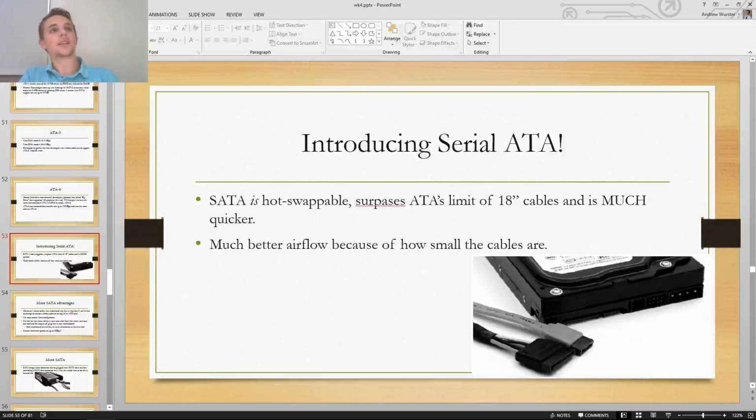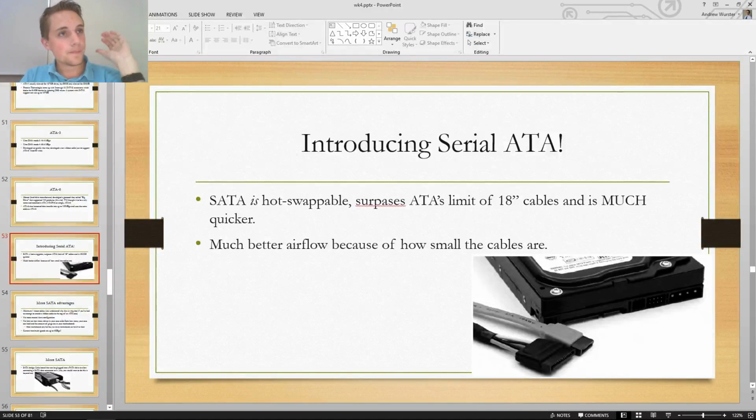But now, I think it's something like, let me see, trying to find the SATA length that it supports. Anyway, it's enough to reach across the entire case itself.